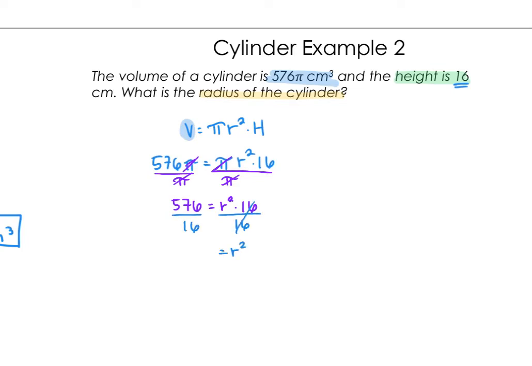So we get r squared. 576 divided by 16 is 36. And the last thing we need to do is take the square root of both sides to get rid of that exponent. So we get r equals 6. So the radius of the cylinder is 6 centimeters.